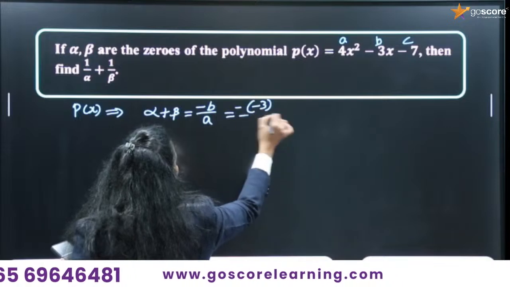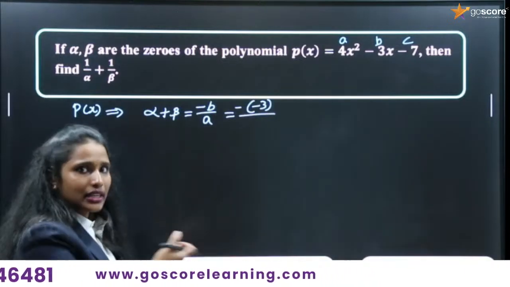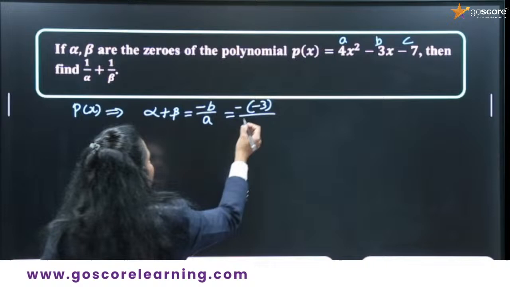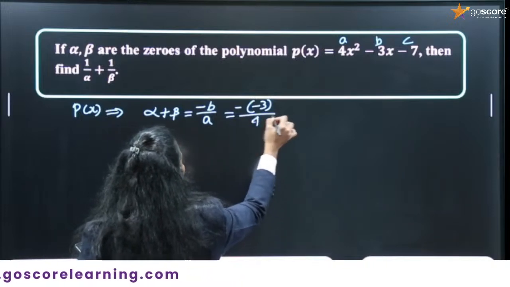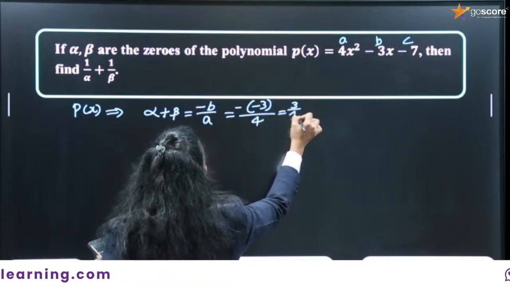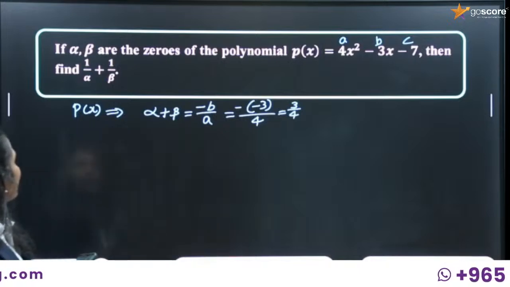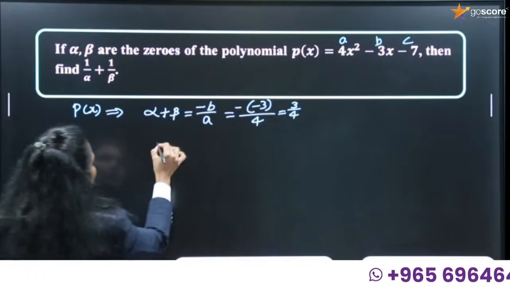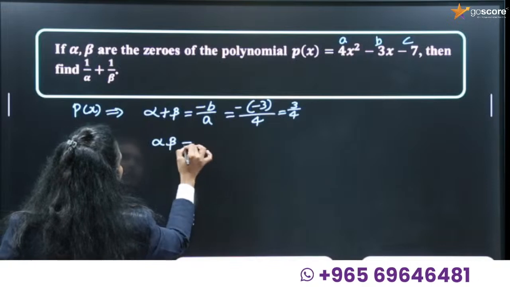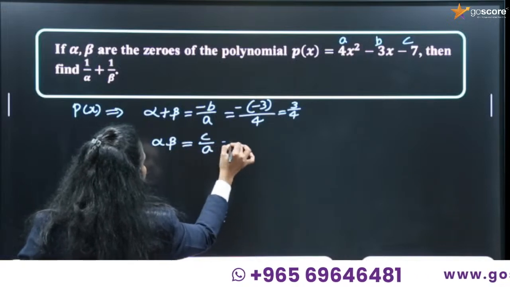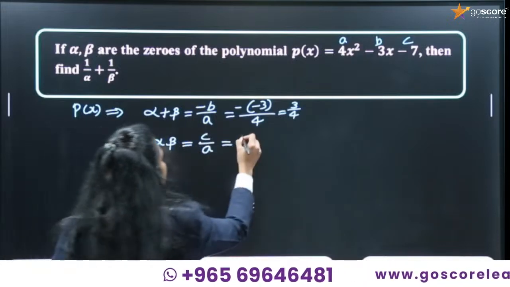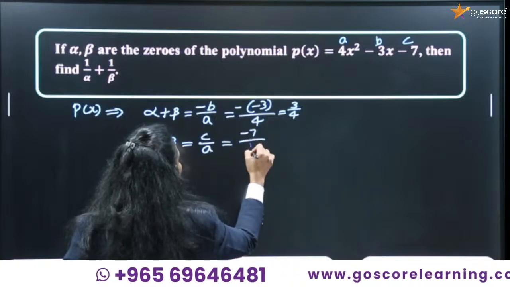Don't lose the negatives. Take that along with the number. Now 3 divided by 4, that is 3 by 4. Now alpha into beta, the product of the zeros, will be c by a. C by a means minus 7 divided by 4.